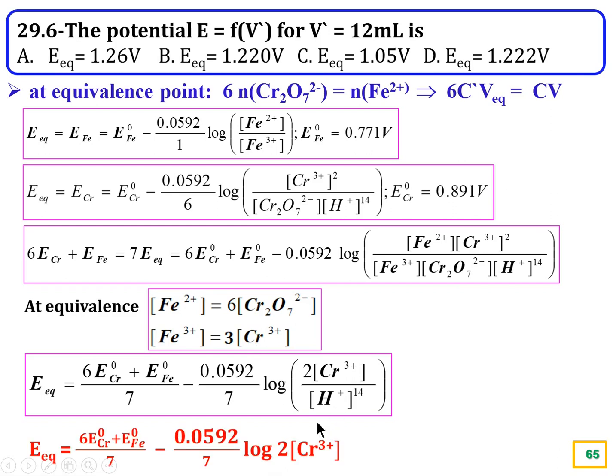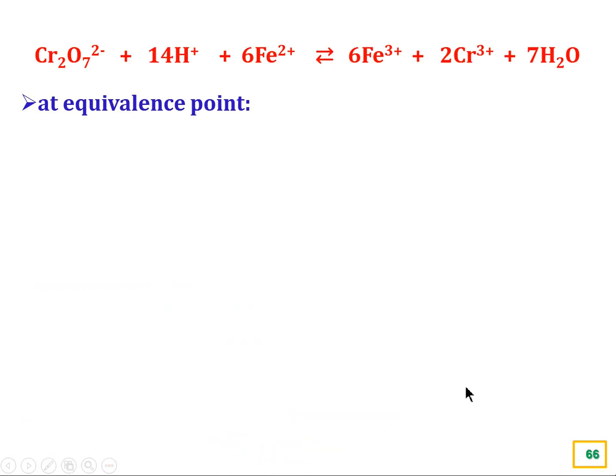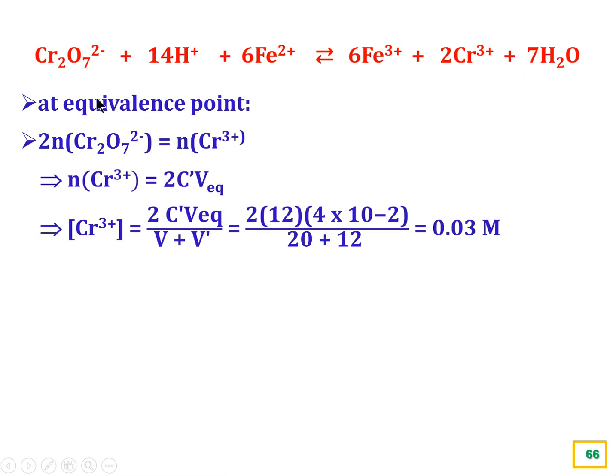Since H+ is equal to 1 molar, E at equivalence for this volume equals 6 E0 chromium plus 1 E0 Fe divided by 6 plus 1, which equals 7, minus 0.0592 divided by 7 log 2 times the chromium concentration. So what is the chromium concentration at equivalence?